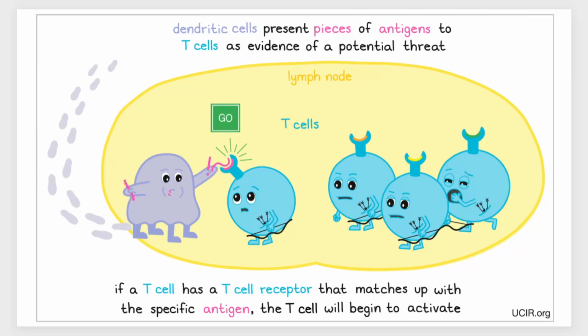If they find one, and this might even be a cancer cell, which starts to mutate and look different than regular cells, it can engulf that cancer cell or that bacteria, break it into tiny pieces, and then do what it's doing right here. It'll build up in the lymph nodes, and then present these antigens to those T cells.